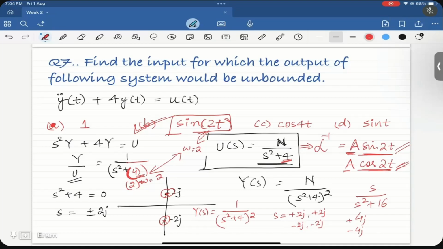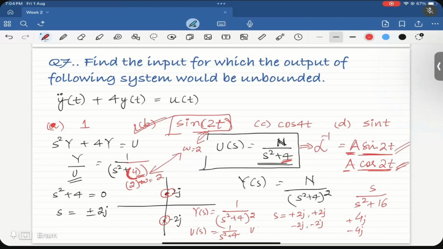So Y(s) will be unbounded. To generate this Y(s), what U(s) do we need to provide? We can provide U(s) as 1 by s square plus 4, right? Because if we put U(s) equals 1 by s square plus 4, we will get Y(s) equals 1 by s square plus 4 whole square.